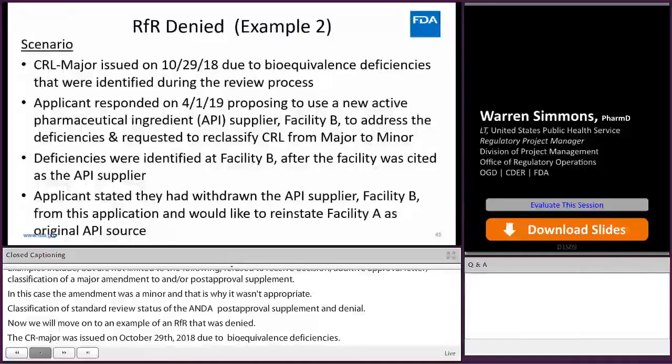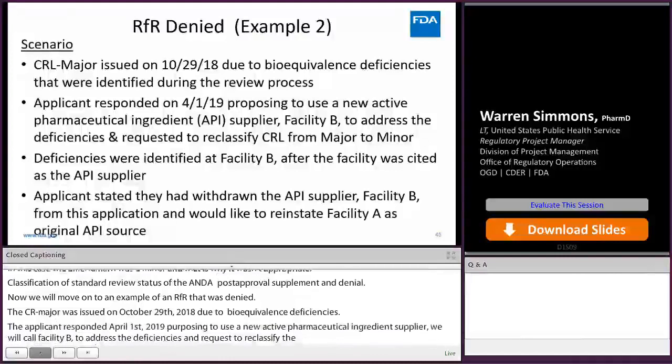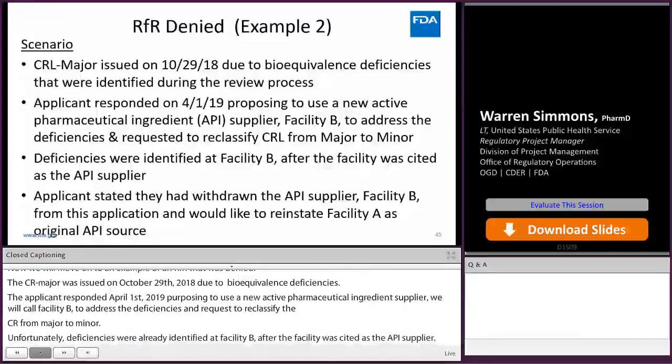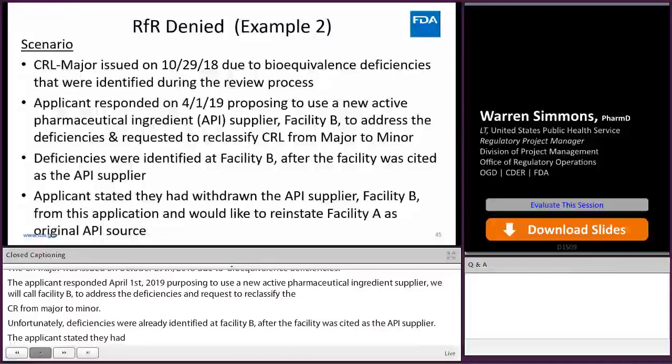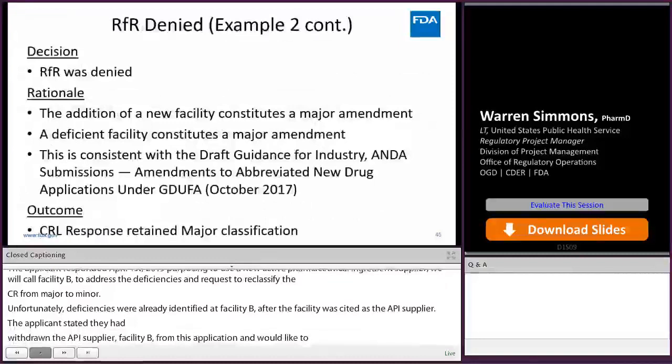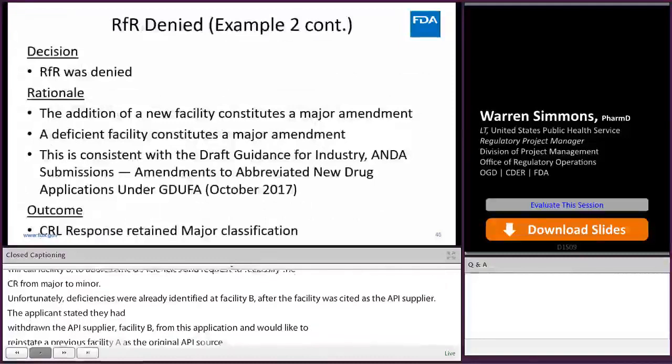Unfortunately, deficiencies were already identified at Facility B after the facility was cited as the API supplier. The applicant stated they had withdrawn the API supplier, Facility B, from this application and would like to reinstate a previous original API, Facility A. And unfortunately, this RFR was denied because the addition of a new facility constitutes a major amendment.